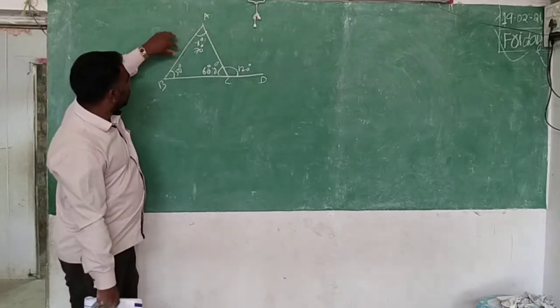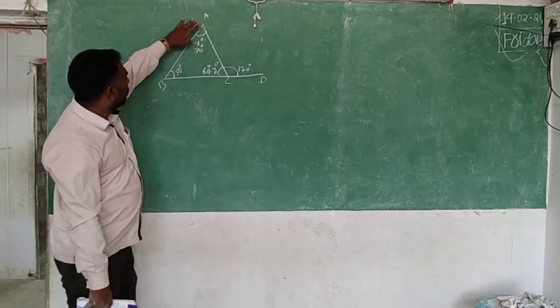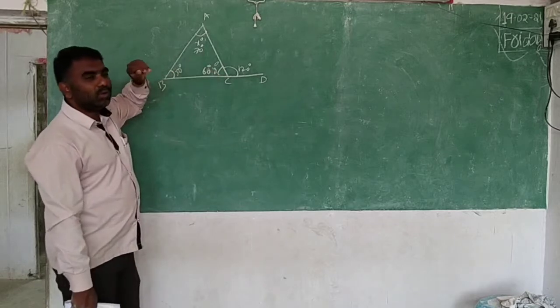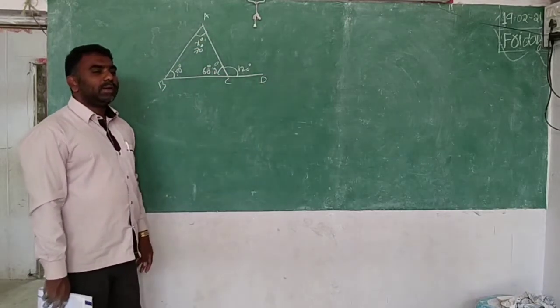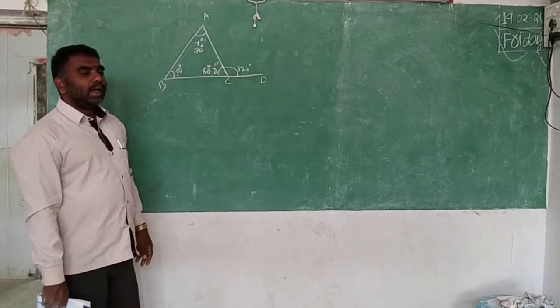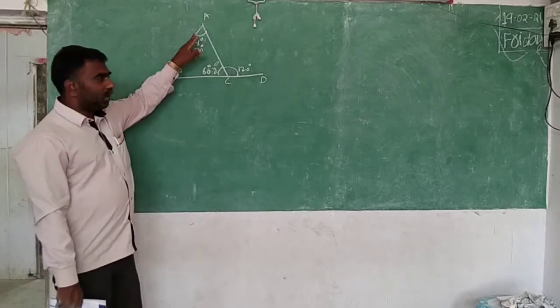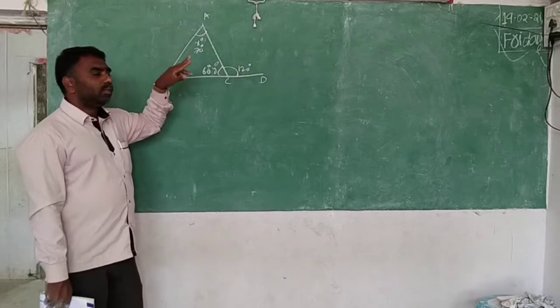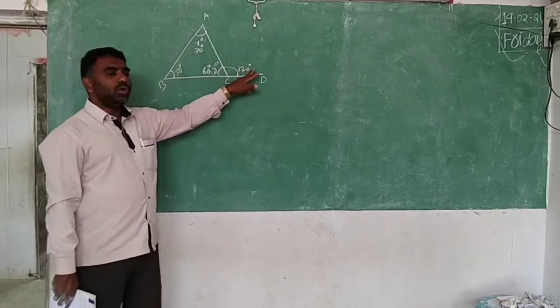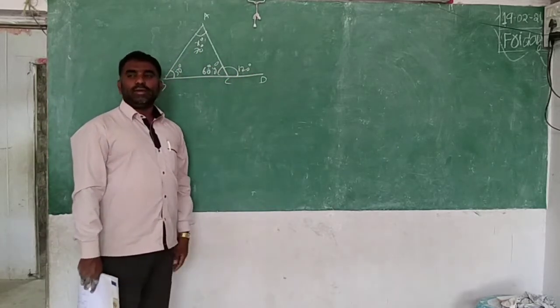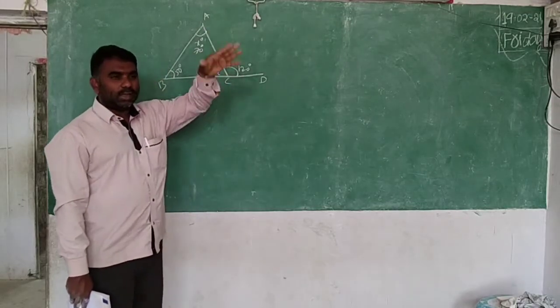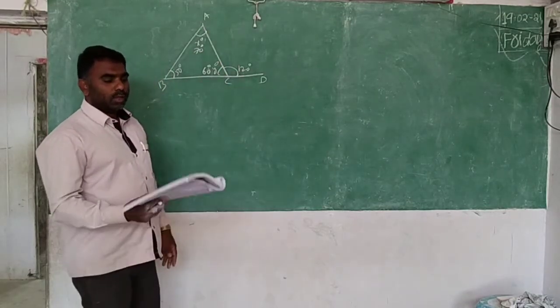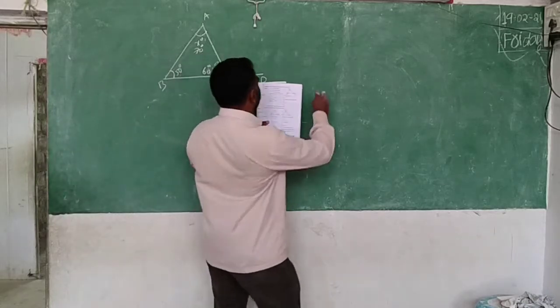Angle CAB plus angle ABC is equal to angle ACD. What is the property? It is the exterior angle property. The sum of these two will give the exterior angle. Then x plus 50 is equal to 120, then you can get the value of x. You can write the answer directly, but if you want to write steps, you will follow this. Okay, second question.